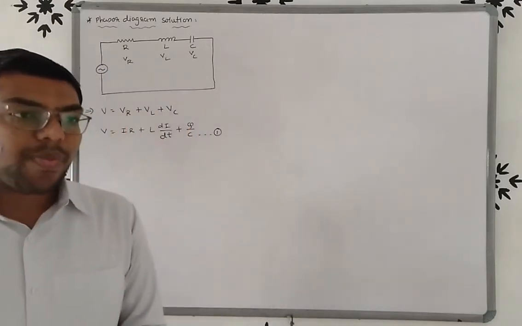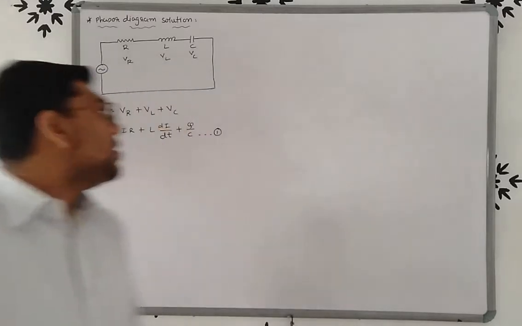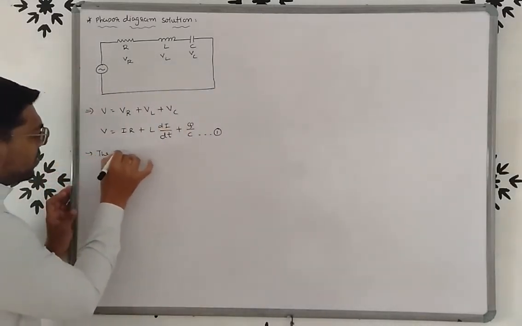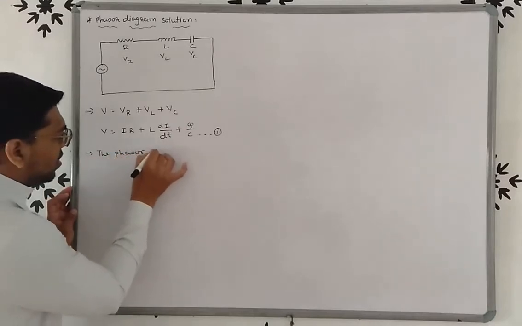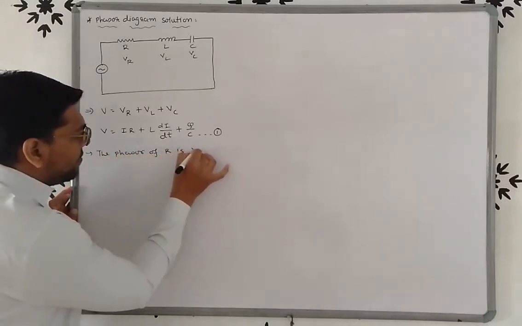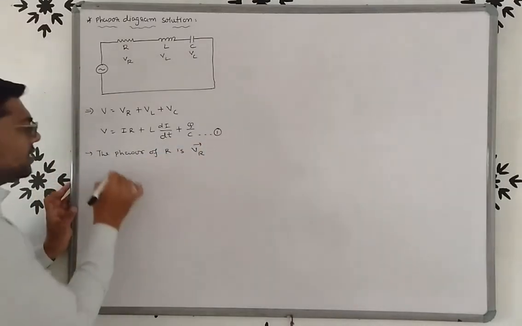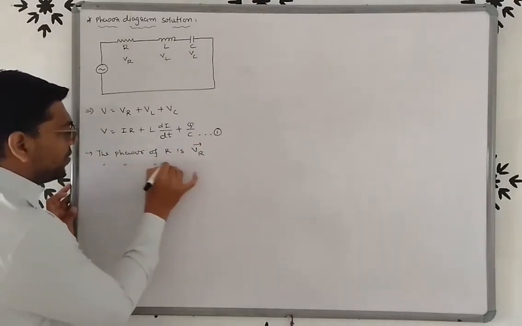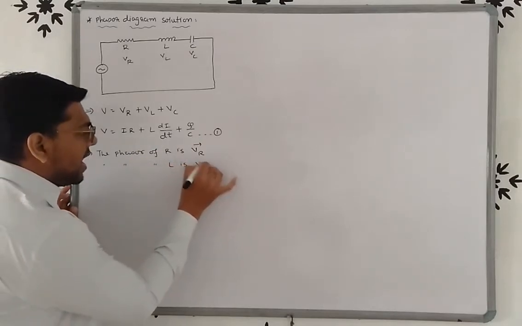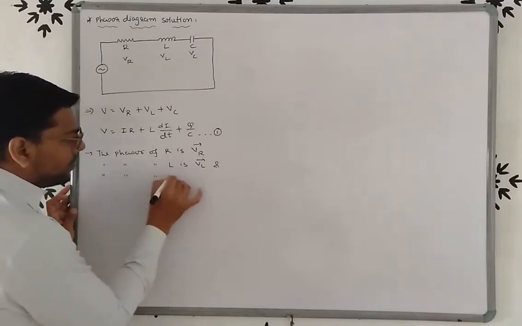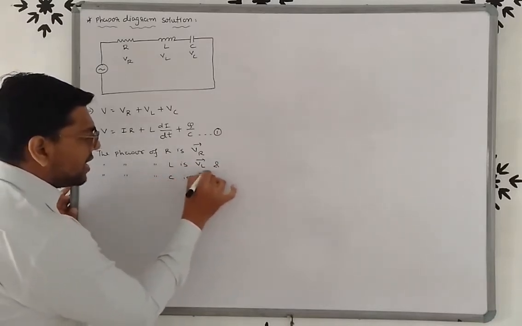Now here the phasor of R is VR. The phasor of L is VL and the phasor of C is VC, right?